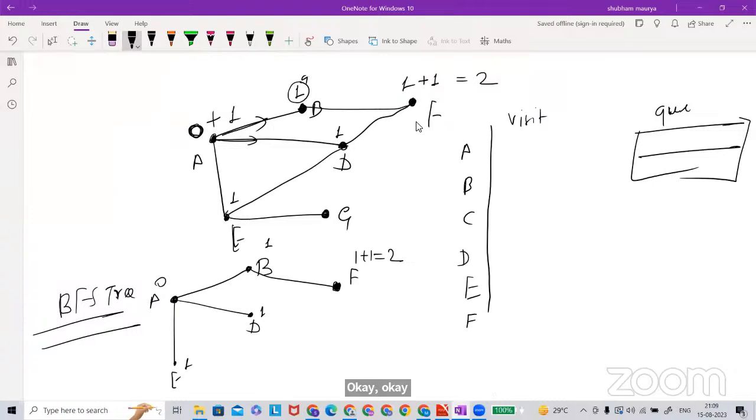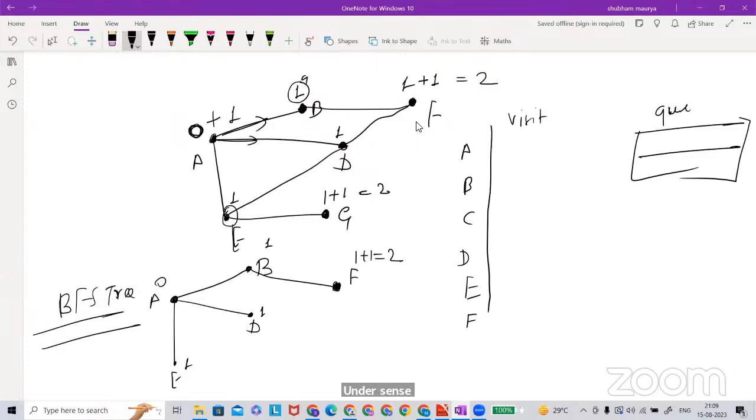Is it 2 or 3? From E, we can visit G, so the label for this is the label of the previous one, and then added. So F and G are of the same label.